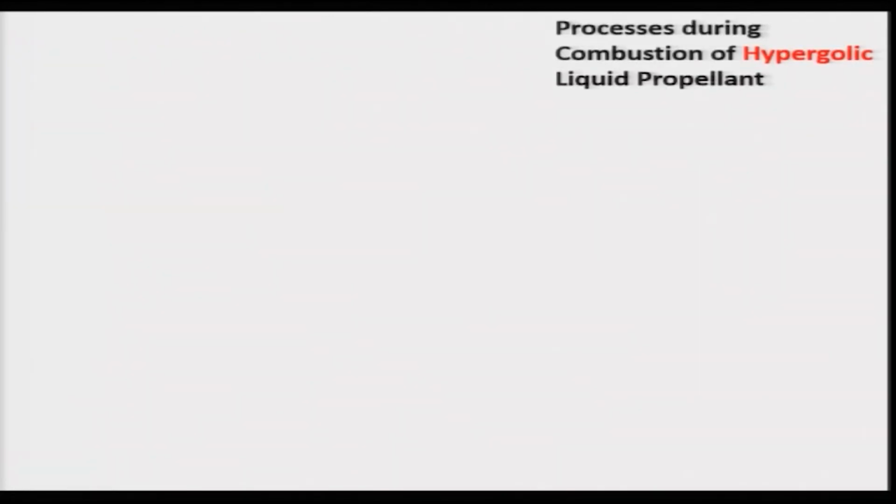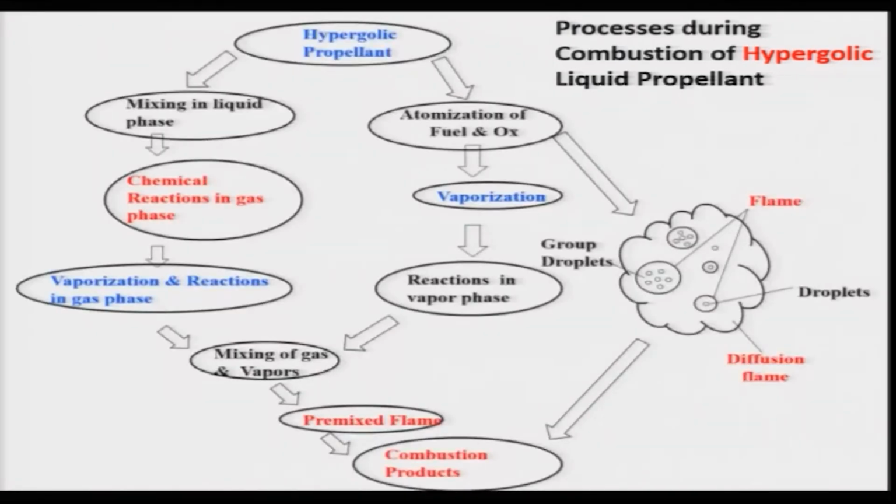So, let us look at the processes that occur during the combustion of hypergolic liquid propellant. We will be considering it in a similar way, that is, hypergolic propellant can undergo liquid phase mixing, and during this liquid phase mixing there will be chemical reactions, and these chemical reactions can lead to heat being given to the droplets, and vaporization.